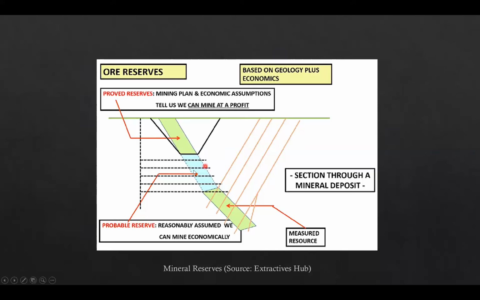We can assume that we can mine it out economically, but maybe at some later stage and with a different mining method. Because here you can see we are going to excavate this one with a surface mining method, and then later on this probable reserve will be mined out with an underground mining method.